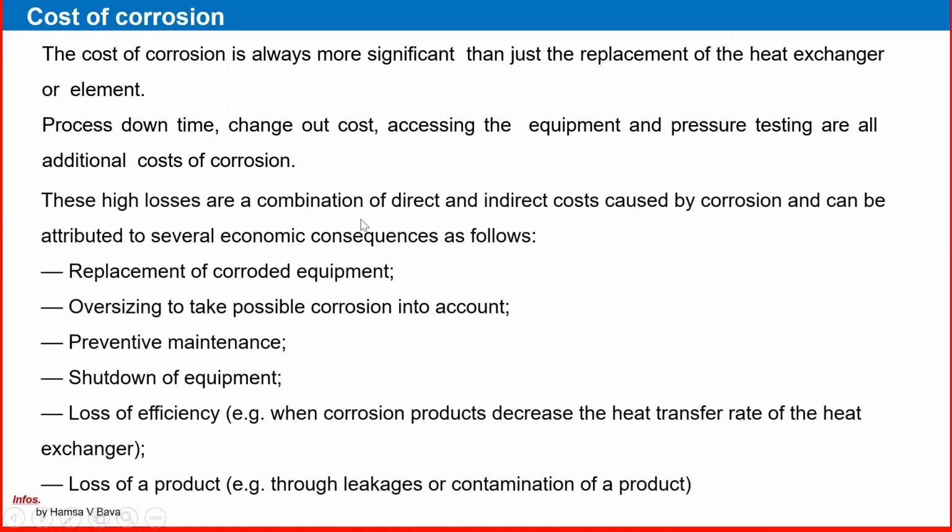These high losses are a combination of direct and indirect costs caused by corrosion and can be attributed to several economic consequences as follows: replacement of corroded equipment, oversizing to take possible corrosion into account, preventive maintenance, shutdown of equipment, loss of efficiency, for example when corrosion product decreases the heat transfer rate of a heat exchanger, and loss of product, for example through leakage or contamination of product.